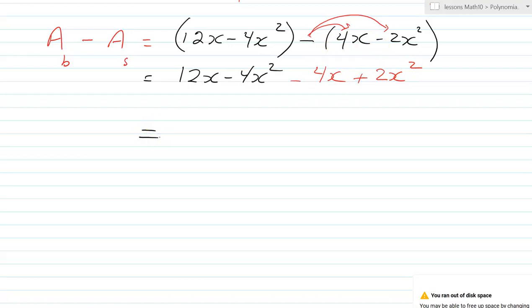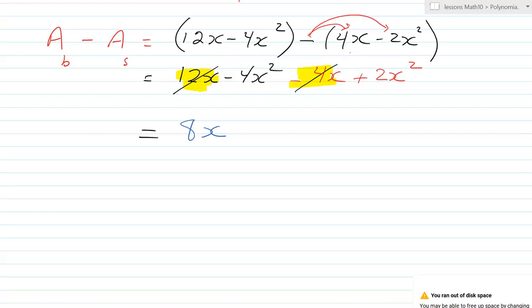Great. Very good. Now collecting like terms. Let's deal with the x's. We have 12 x's here, minus 4x there. How many x's do we have left? Well, 12 minus 4, that's 8x. Great, that's done. I'm just going to cross them out so that I don't mix them up.